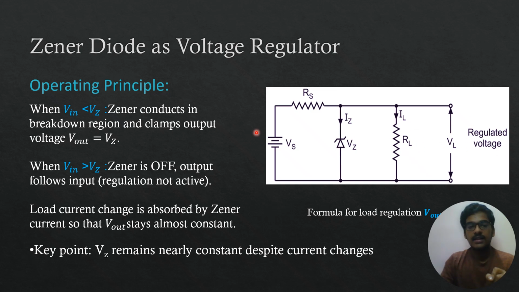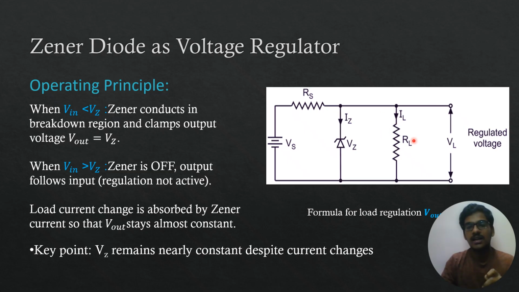When Vin is greater than Vz, the Zener diode conducts in the breakdown region and clamps the output voltage: Vout is equal to Vz. Load current change is absorbed by the Zener current so that Vout stays almost constant. When Vin is less than Vz, the Zener is off and the output follows the input.